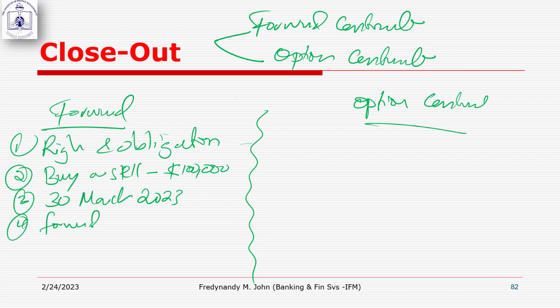Therefore, let's assume that the forward rate that will be used to buy or to sell these currencies on the 30th of March 2023 will be 1 USD for Tanzanian shillings 2,350. This is the agreement.